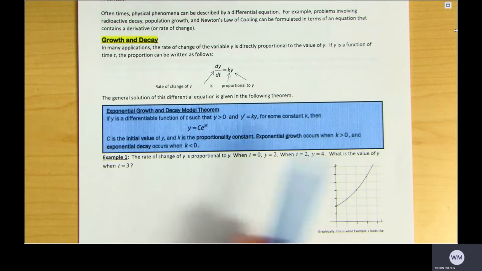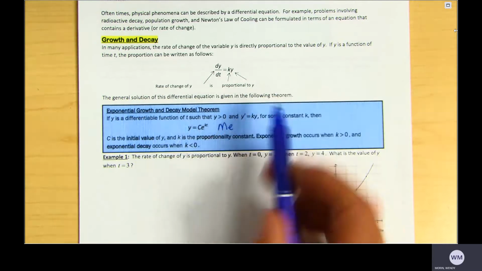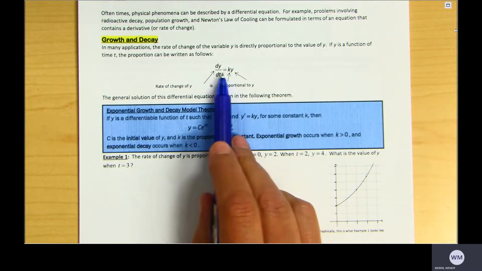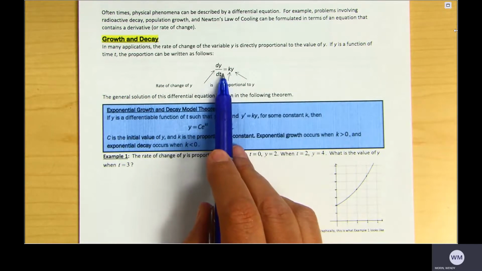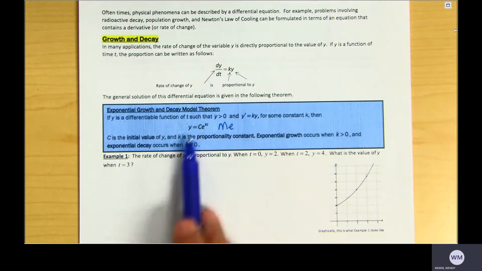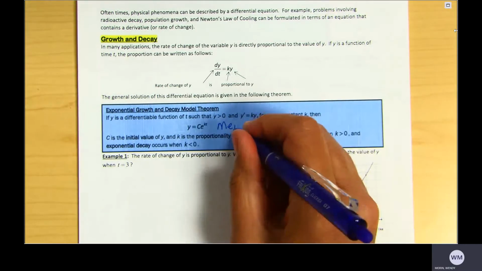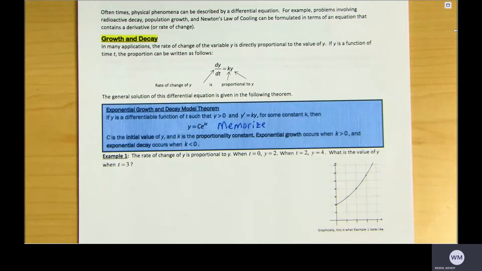This is the equation that you want to just memorize to make all of these easier, okay? So instead of having to take a derivative and solve, just know that the antiderivative, the integral, will give you this. If you memorize that and not have to work it out, it'll save you a lot of time.